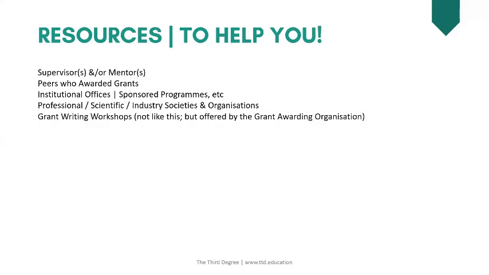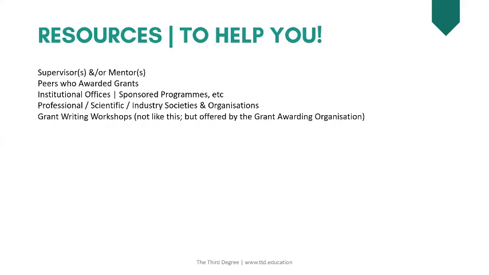Now, there are a few basic resources to help us: supervisors and mentors, peers, other friends, colleagues, classmates, cohorts that have been given grants as well. The university will have a research office that you can go to and talk to with the issues, including your university lawyers, who will be able to advise whether this is going to cause a conflict with university expectations.